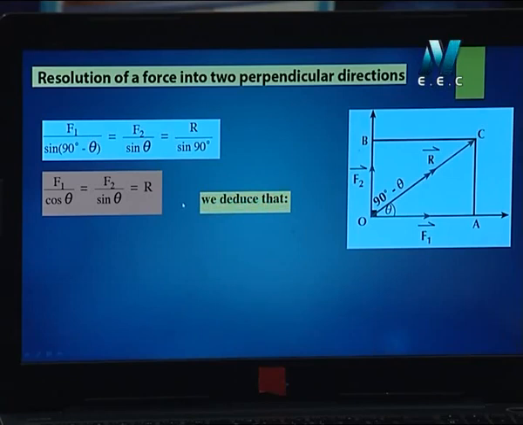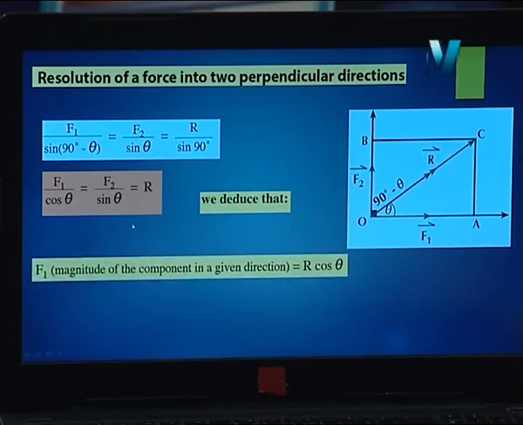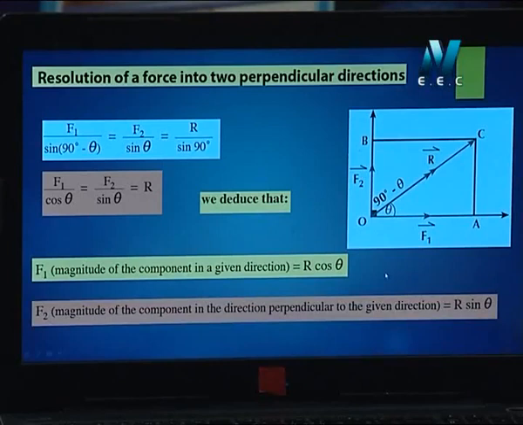And we deduce that F1 here equals R multiplied by cosine theta. Concentrate here. We have F1 equals R cosine theta and F2 equals R sine theta. Yes, my dear students, concentrate with me.